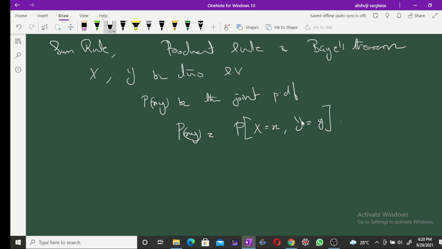The joint probability density function of two random variables, capital X and capital Y, let it be either continuous or discrete. For the time being, it is not so much important.